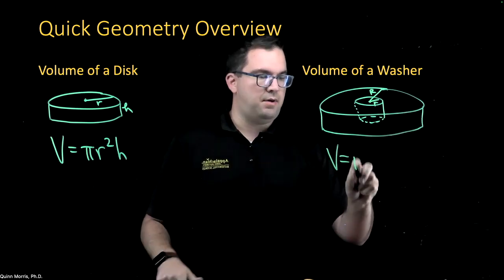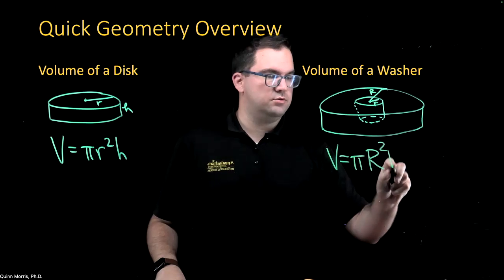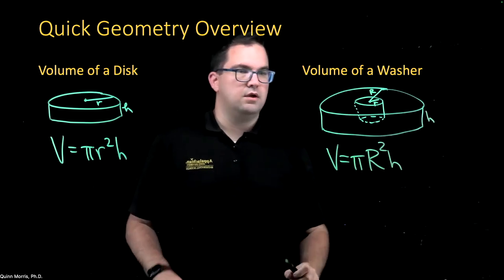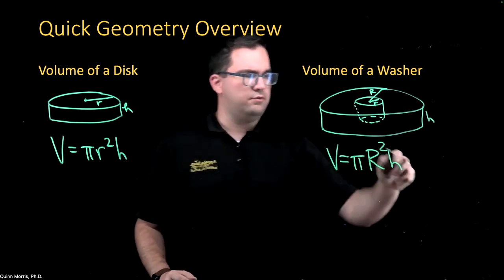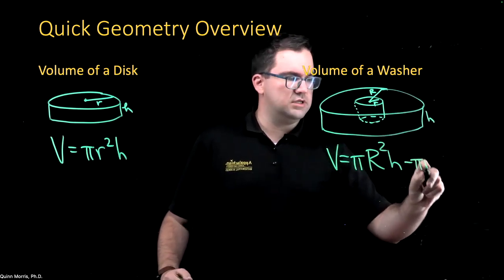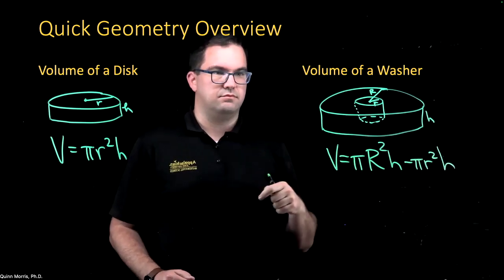If I just did pi capital R squared h, so I have some height here also, this would give me the volume of the whole cylinder. But then I need to subtract out the volume of this smaller cylinder, because that is missing.